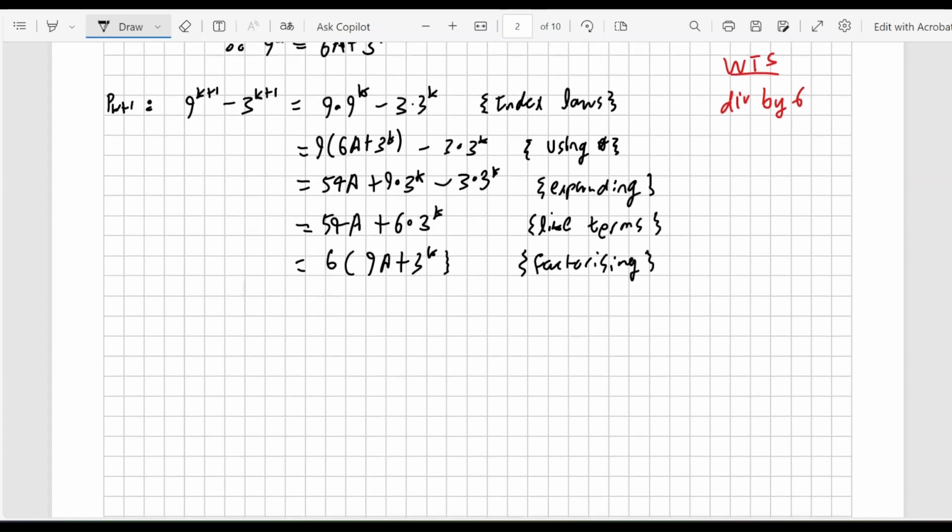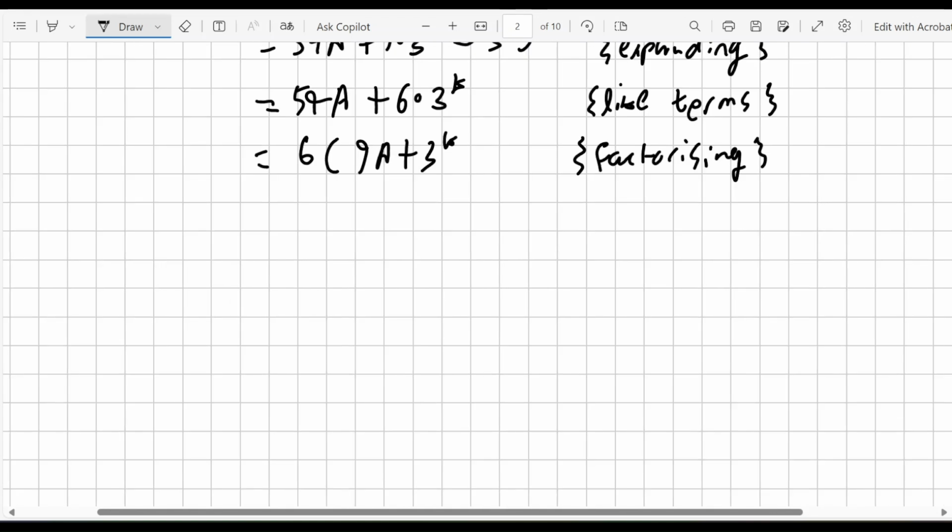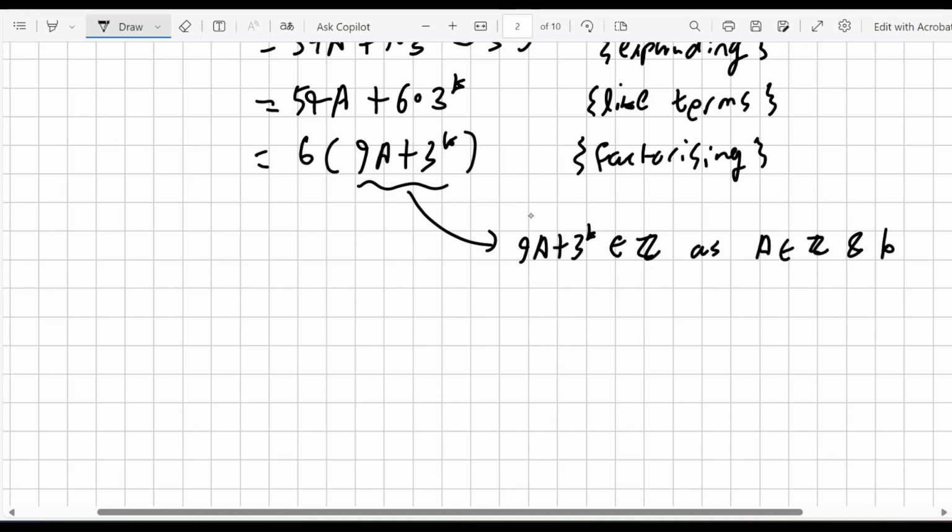All right, last thing we need to do is explain why this thing is an integer. So 9a plus 3 to the k is in Z as a is a whole number and k is a positive whole number. Now, really important that k is positive here, because if k was -1, we'd get a fraction for our answer, so it actually wouldn't be true.